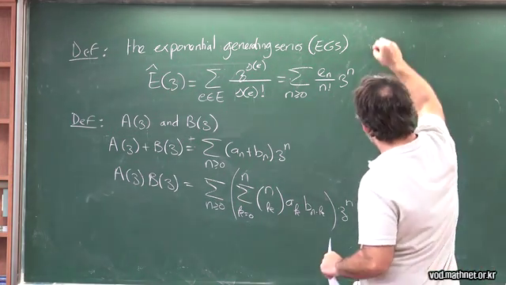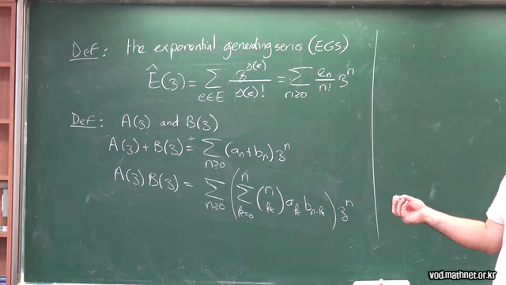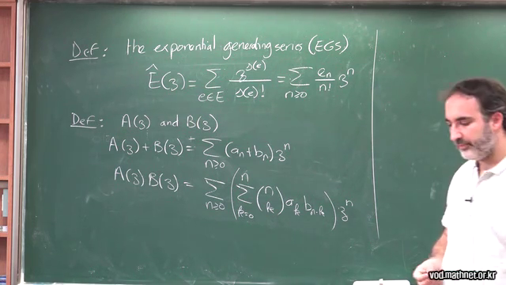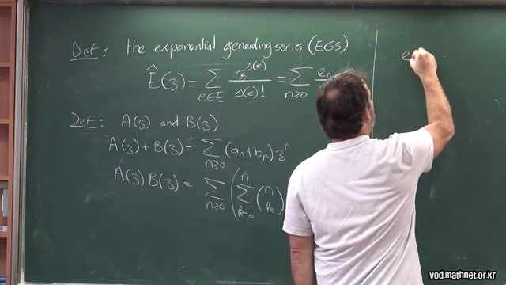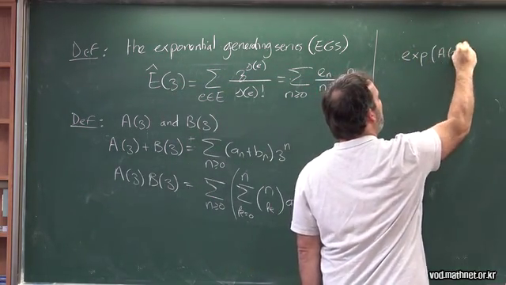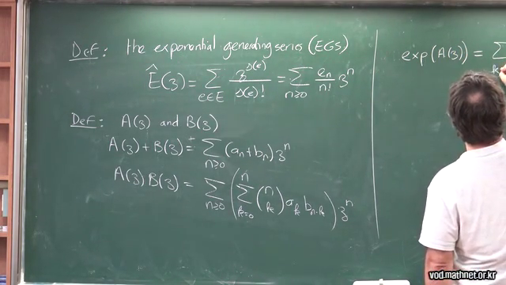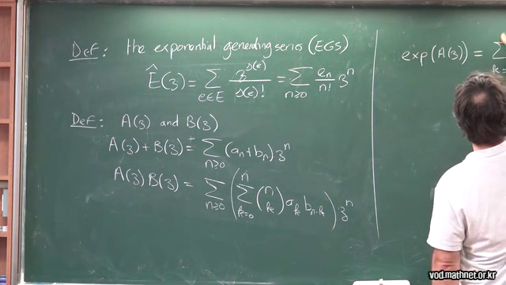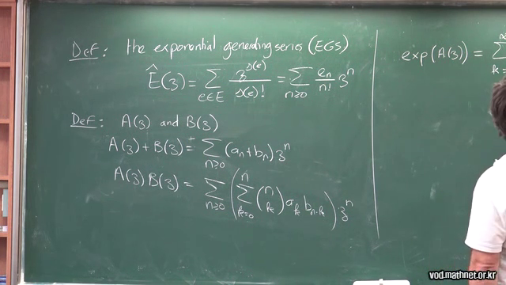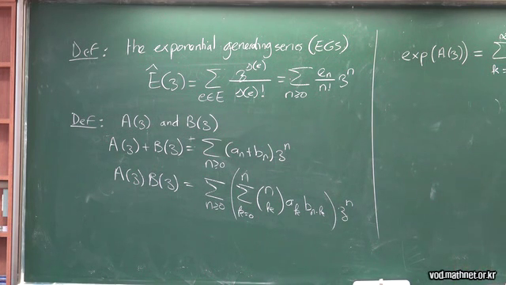Okay, so just quickly, for things to be correctly defined later, I also need to use some topology over the ring of formal power series. Because I want to say something like taking the exponential of a power series, and I want to say that this is the sum over all k of A(z) to the k over k factorial.